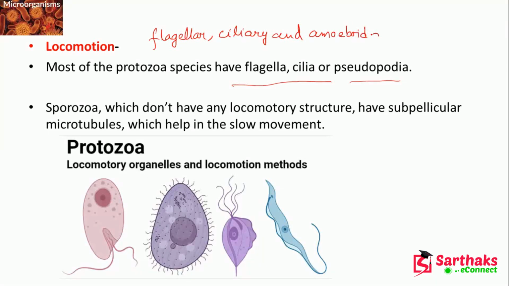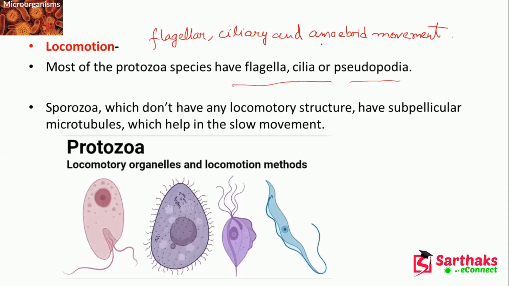Only the ciliates among these movements form a major group of protozoa, and they are a monophyletic group. So the protozoa have three types of movement: flagellar, ciliary, and amoeboid movement.